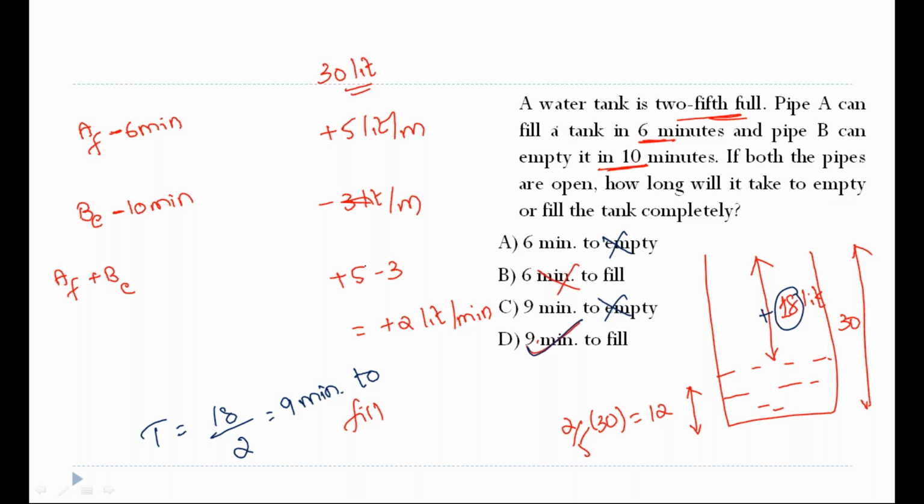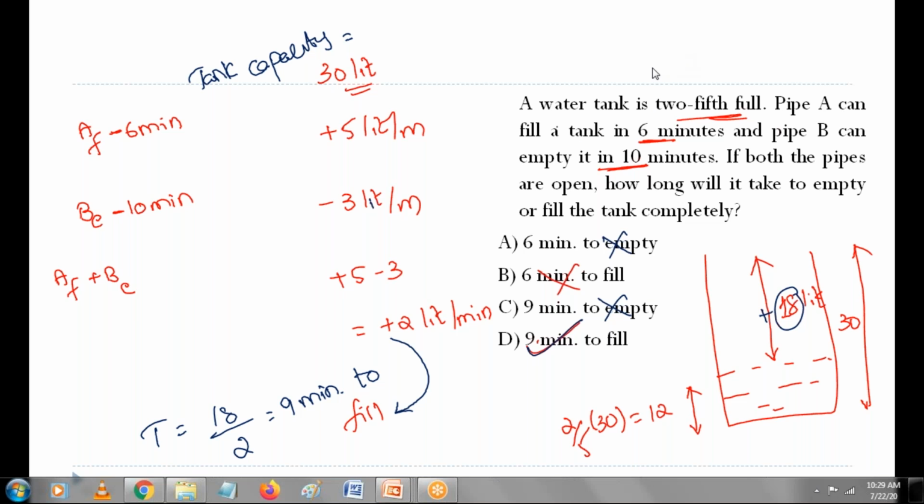Here, what happened? Okay, A is filling the tank, B is emptying the tank. When both are added, we got plus. Plus indicates filling. How 18? Indumati, what is the tank capacity? 30 liters. Is it? How much tank full? Indumati, just go ahead with the question clearly. Tank capacity is 30 liters. Tank is 2 by 5 full, right?